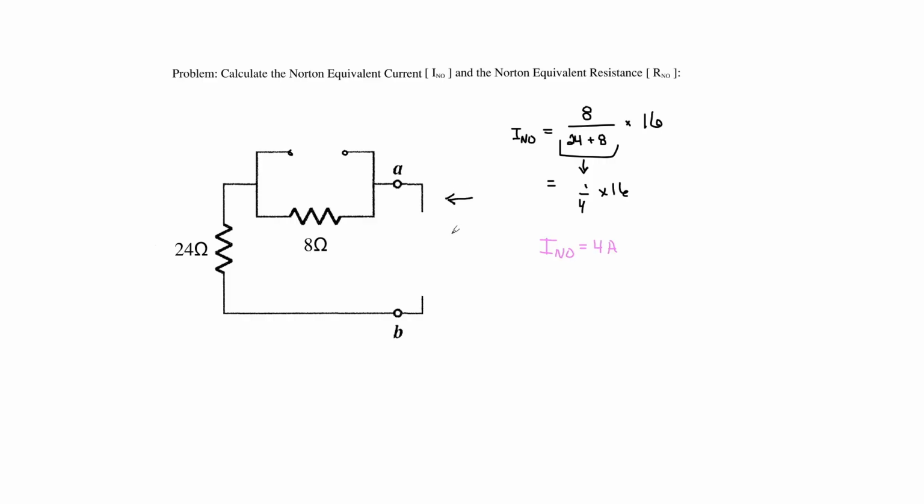The resulting circuit will have an equivalent resistance R_N. Solving accordingly, R_N is equal to 24 ohms flowing through our series branch. We have an additional 8 ohms before returning back to the terminal. This is equal to 32 ohms.